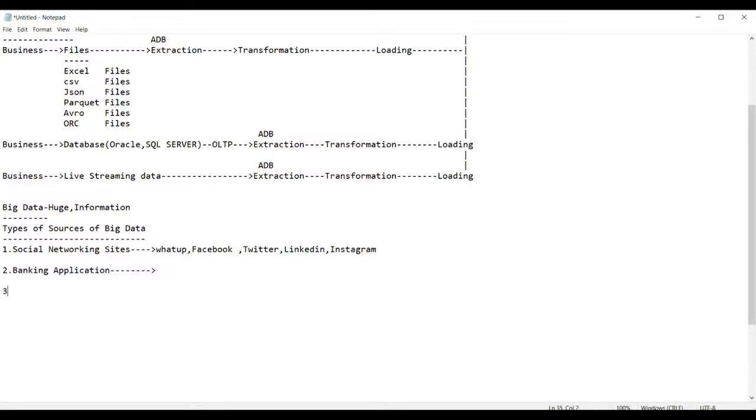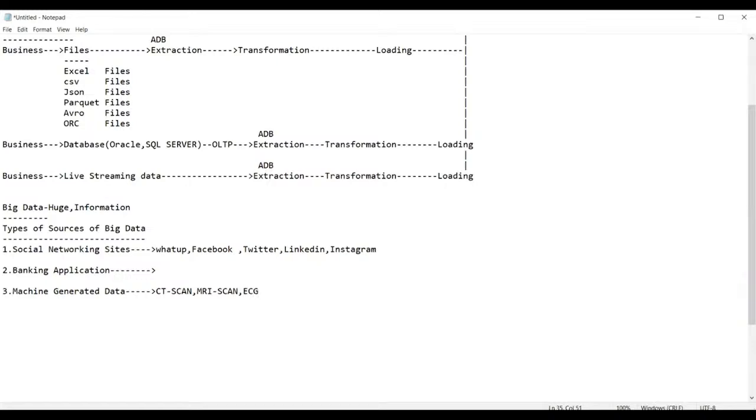Then we can also get the data from machine generated data. What do you mean by machine generated data, guys? The data which is generated by a machine. Suppose you have a CT scan machine, which scans the human body, or an MRI scan machine, or even ECG machines.